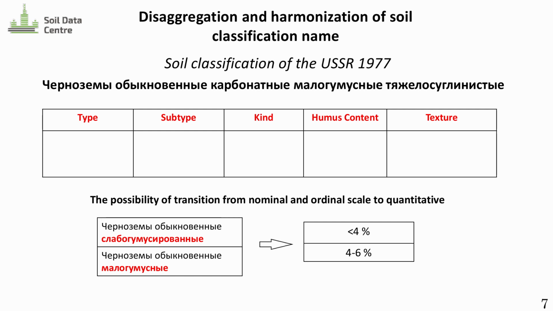Disaggregation is division of the soil name into structural components, information groups. The composition of information groups and their number depends on the regional characteristics of the soil. There is the possibility of translation from nominal and ordinal scale to quantitative.